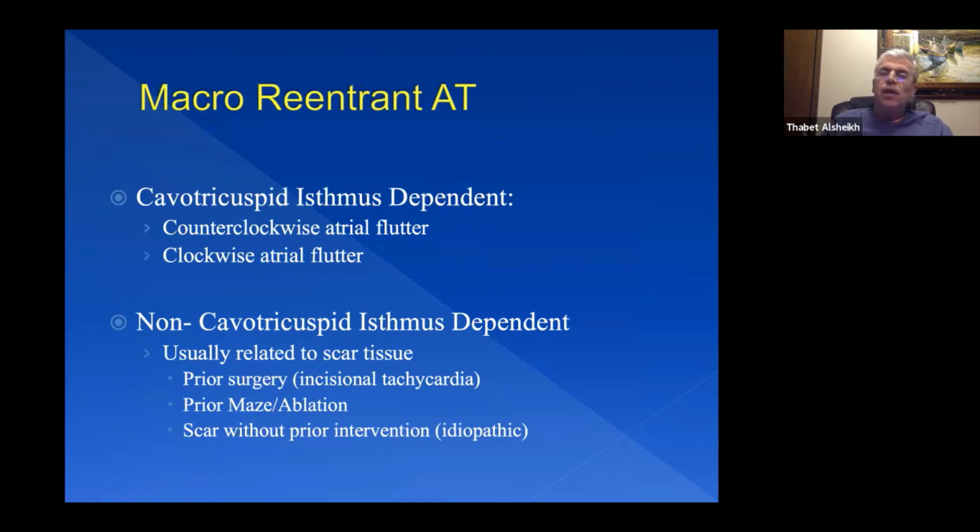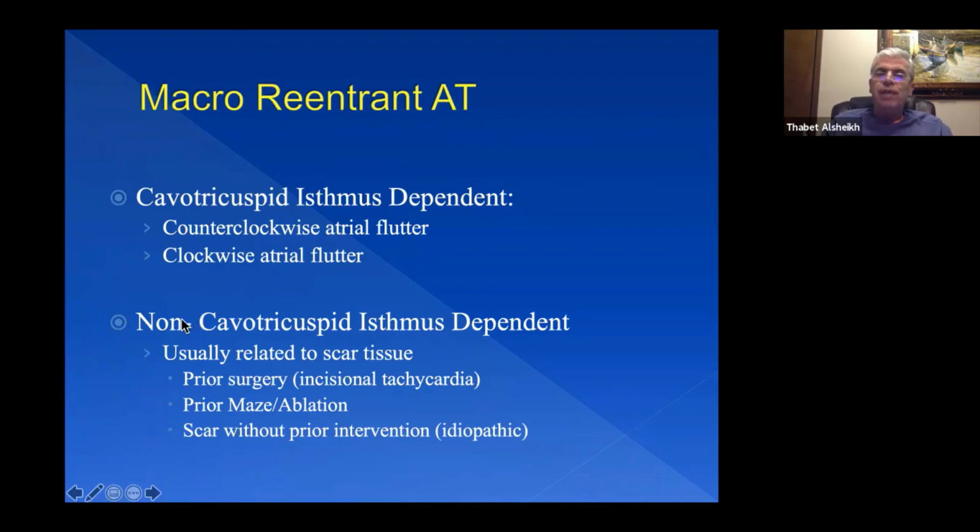So atrial flutter is a reentrant atrial tachycardia. It's a macro reentry. It could be cavo-tricuspid isthmus dependent, whether it is counterclockwise, which is the common form, or clockwise. Either one uses the isthmus, and both are ablated with a linear ablation between the tricuspid annulus and the IVC.